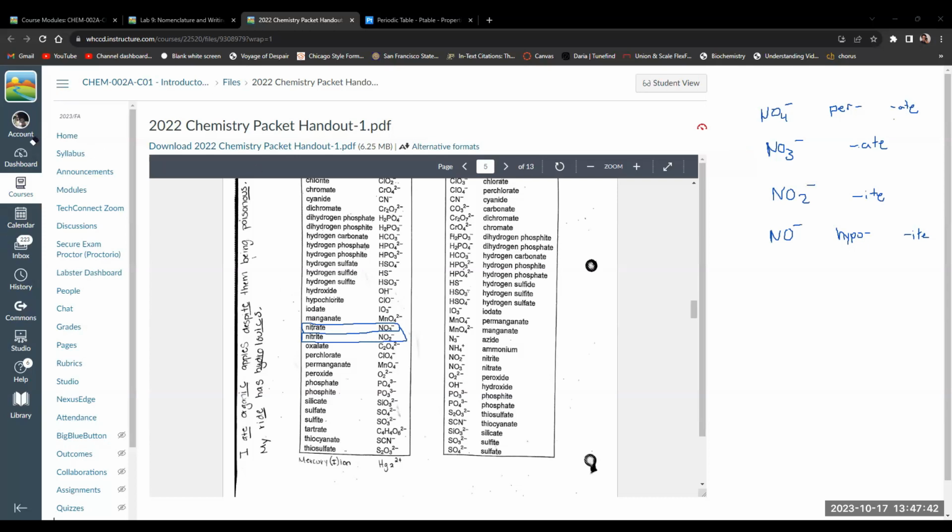So again, notice that none of the charges change. They all stay -1, -1, -1, -1, -1. The only difference is the amount of oxygens.